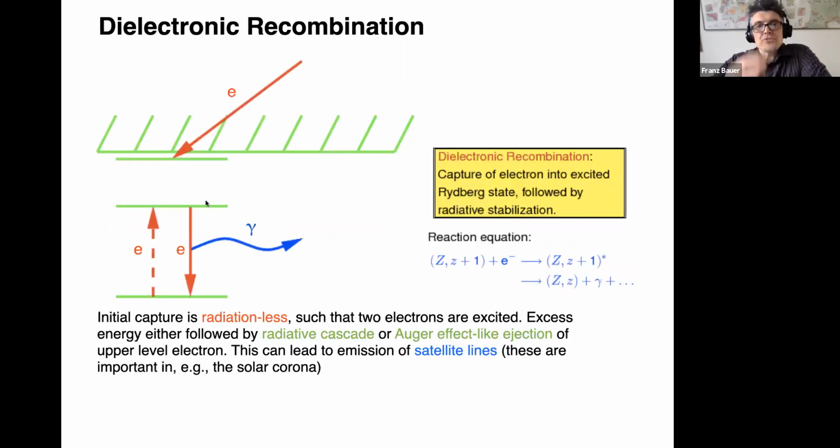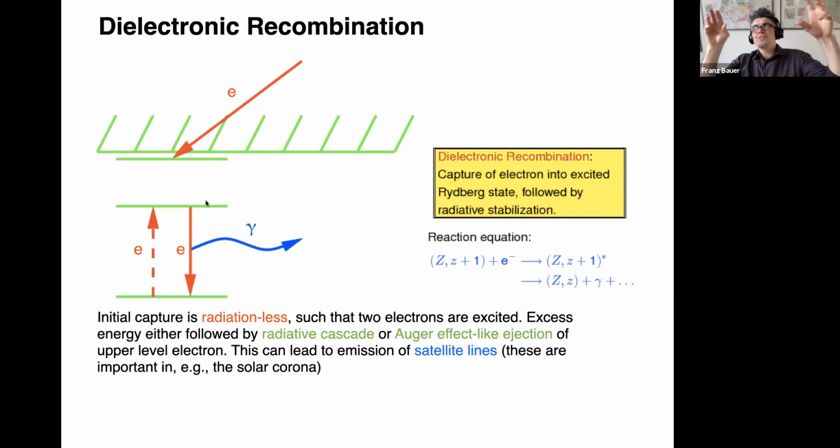Okay, there's an alternative recombination which exists in some particular physical scenarios, which is called dielectronic recombination. There's actually a third process, which I didn't even talk about here, which is three-body recombination, which is pretty rare.